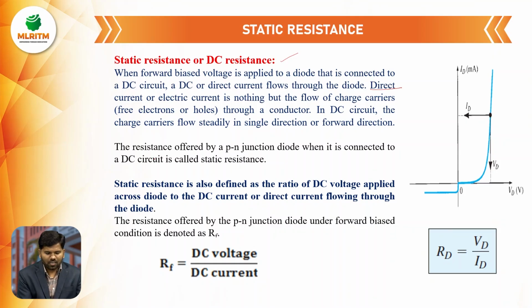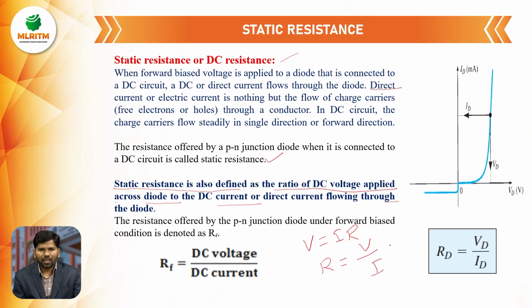The resistance offered by the PN junction diode when it is connected to a DC circuit is called static resistance. As per Ohm's law, V is equal to IR, so we can write R is equal to V by I.